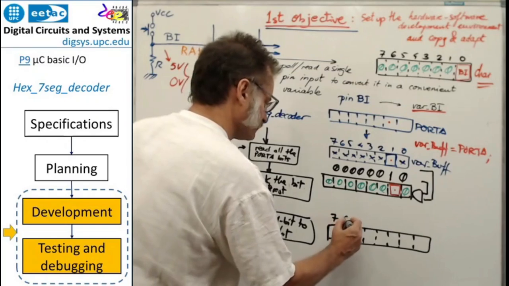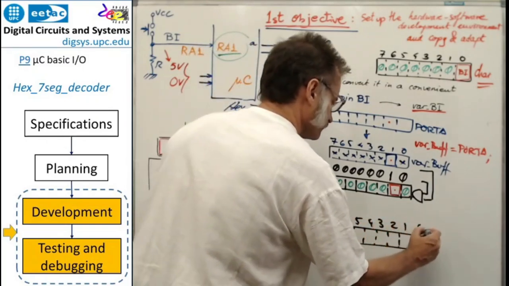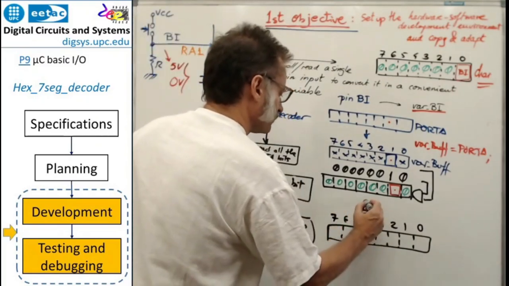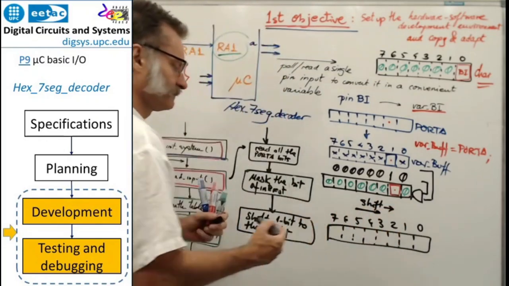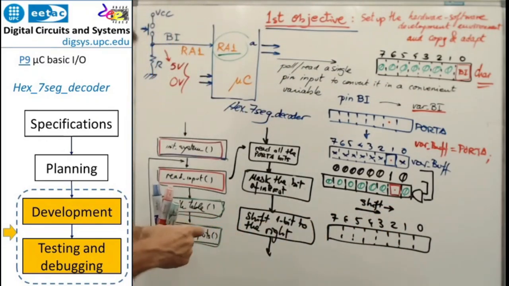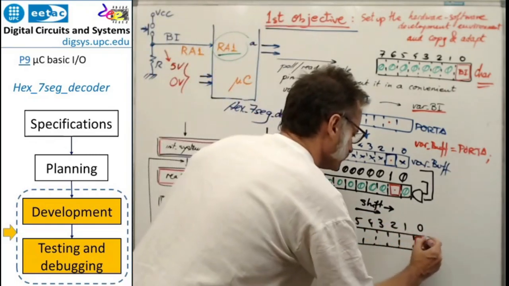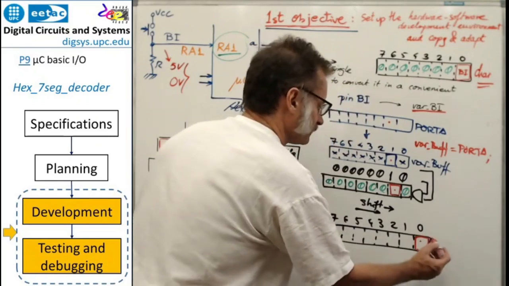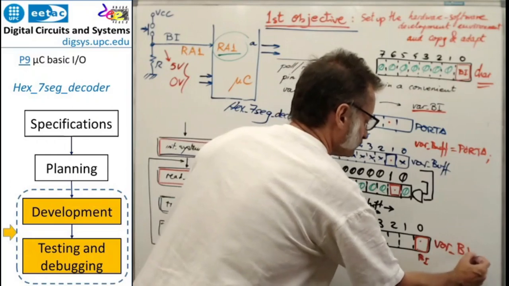So 7, 6, 5, 4, 3, 2, 1, 0. And now if you've been shifting to the right 1 bit, what you get here is precisely what you want, which is this bit at this position. So this is going to be the BI bit, and this is the variable bar BI.